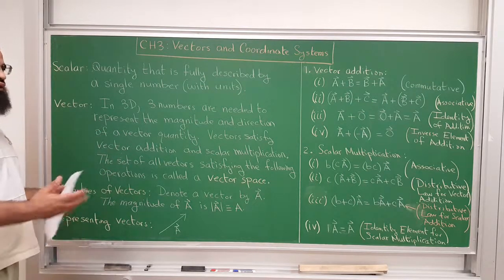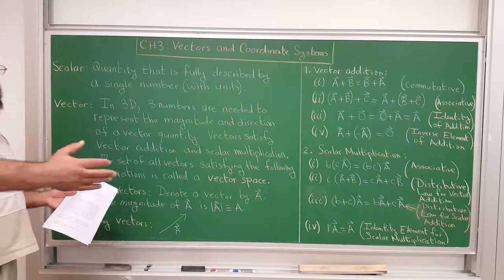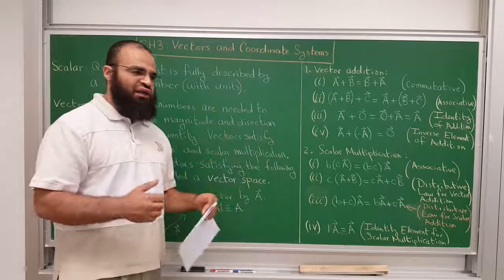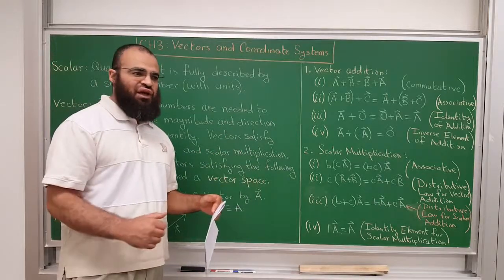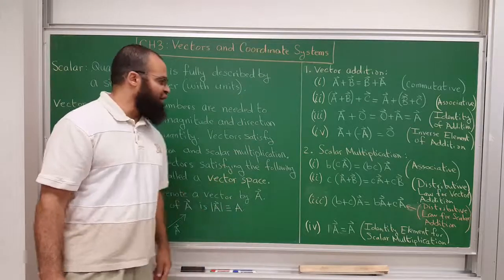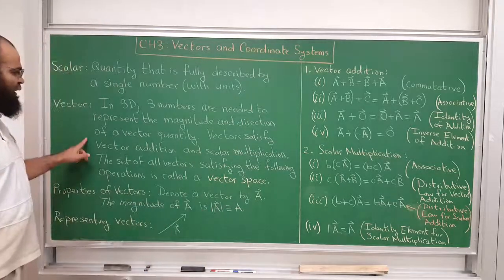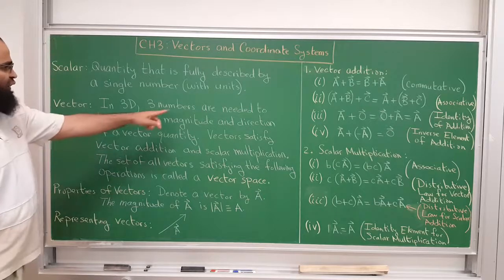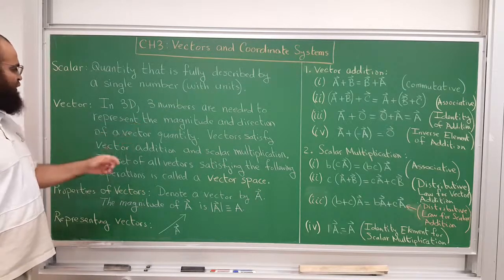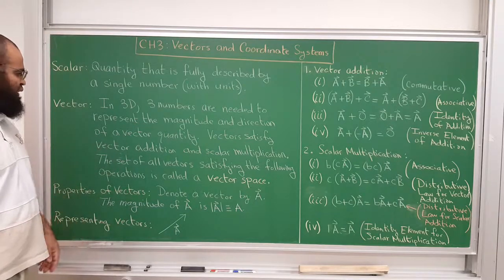You have to tell how much of the vector is in 3D space. We talk about x, y, and z. So how much of the vector is along the x direction, how much of it is along the y direction, and how much is in the z direction. So in 3D, you need 3 numbers to represent the magnitude and direction of a vector quantity.